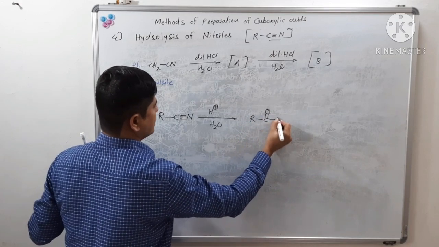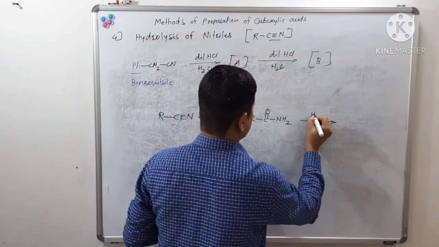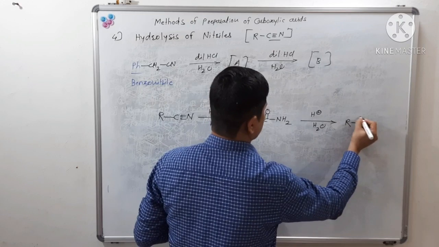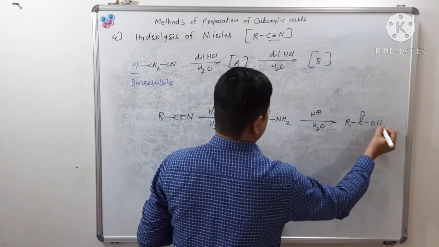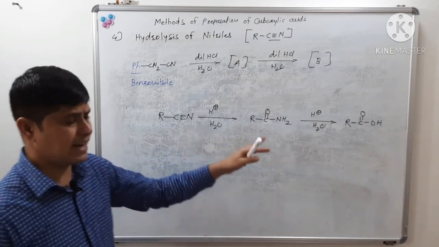An amide, and this amide on reaction with H plus, water, you will get the corresponding carboxylic acid. So in general we can write the reaction this way.